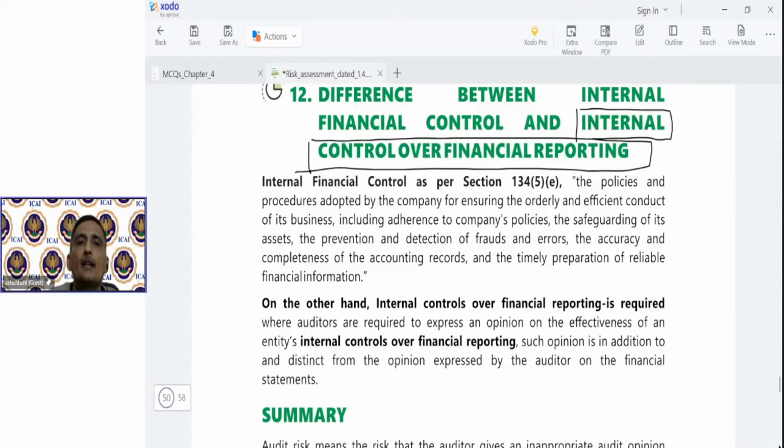Okay, so internal financial controls you have understood as defined under section 134 subsection 5 clause E. That is a law definition.